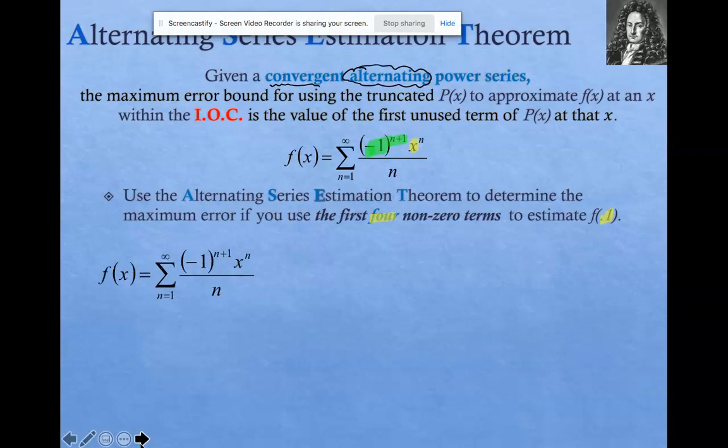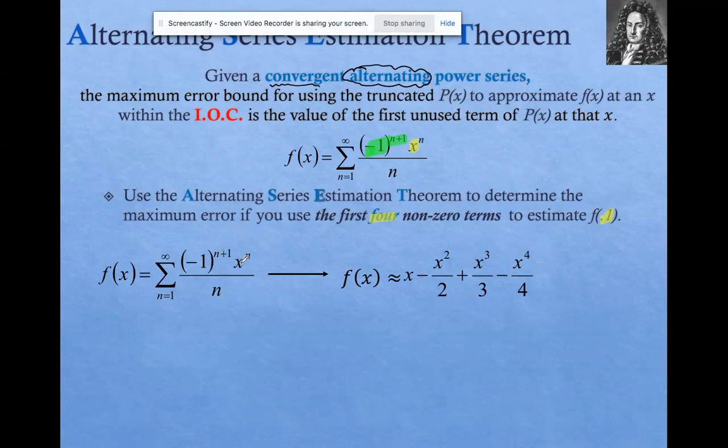So there's my series. Write out the first 4 non-zero terms. I put a 1 in here, then negative x squared over 2. Sorry, x to the first over 1, x squared over 2, and so on.